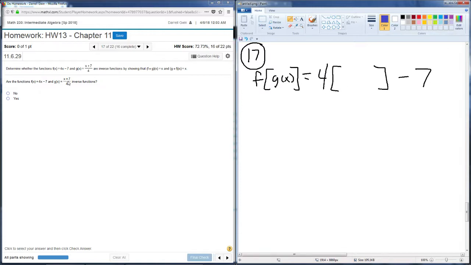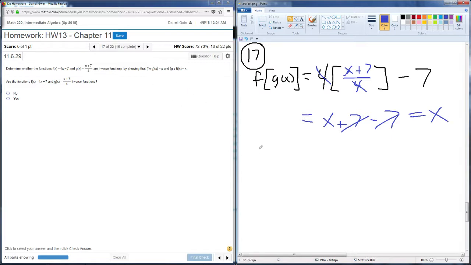What's g? g is x plus 7 over 4, a fraction. Does that simplify? Let's see. 4 over 4 will cancel out. That leaves x plus 7 minus 7, and the plus 7 minus 7 cancels out. This is an x. That qualifies for the first check.